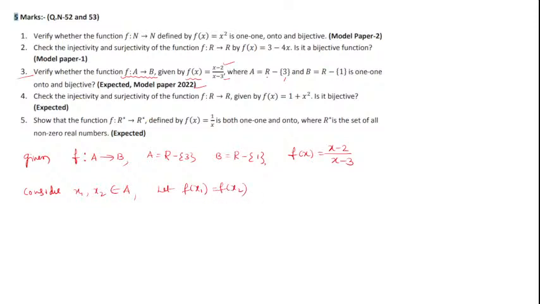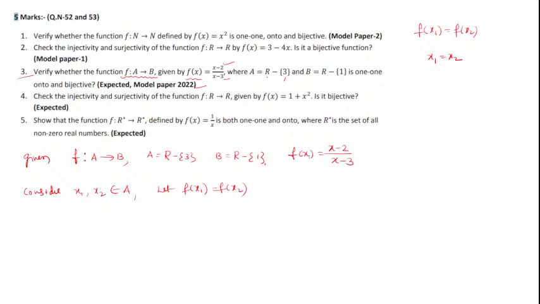Simple. So to check one-one, first you have to consider f of x1 is equal to f of x2, then prove that x1 is equal to x2. Definitely it is 1 1. Okay? I think almost everyone has practiced this. We'll go for this now. So f of x1 is equal to f of x2.